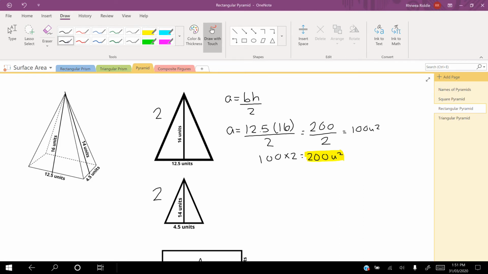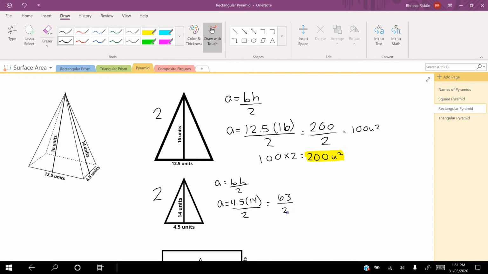Now we're going to move right along to the second triangular face. Again, area equals base times height divided by 2 is the formula we're going to use. So we're going to have the base of 4.5 and the height of 14. I'm going to divide those by 2. So we're going to start with the numerator. 4.5 times 14 is going to give us 63.